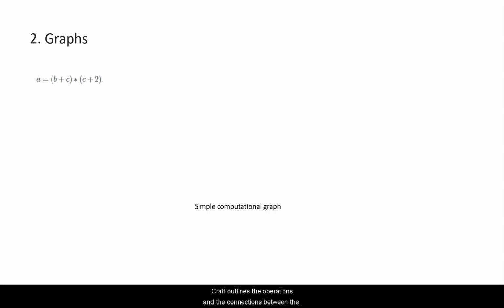The graph outlines the operations and the connections between the nodes. The edges of these nodes are the tensors, and the nodes themselves are the operations.